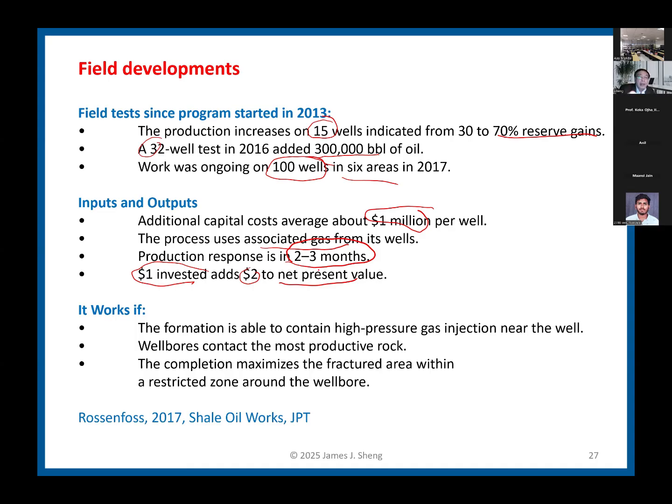And from this project, it has also been observed that it will work better if the formation is able to contain high pressure gas injection near the well, the wellbore contacts the most productive rocks, and the completion maximizes the fracture area in a restricted zone around the wellbore. In other words, if the injected gas can be contained in the small area near injection wells, the performance will be better.